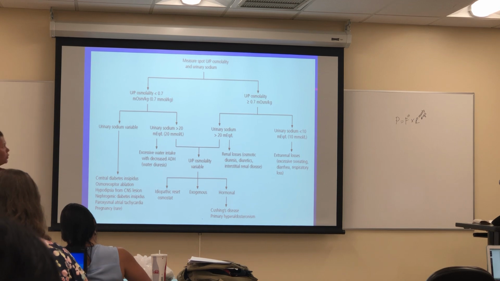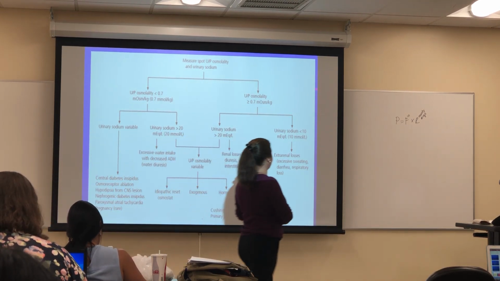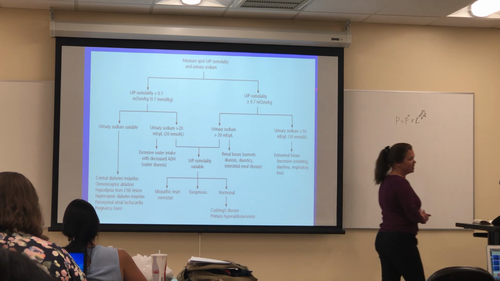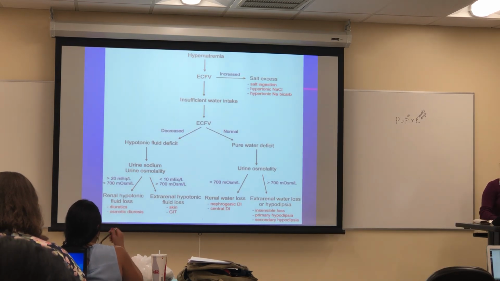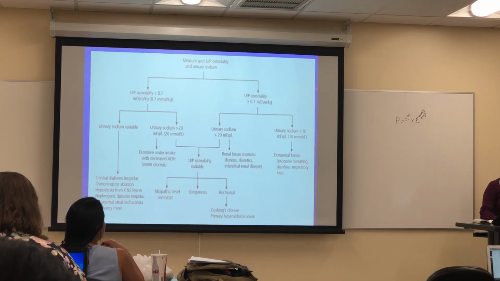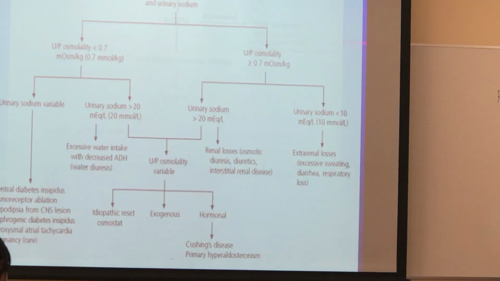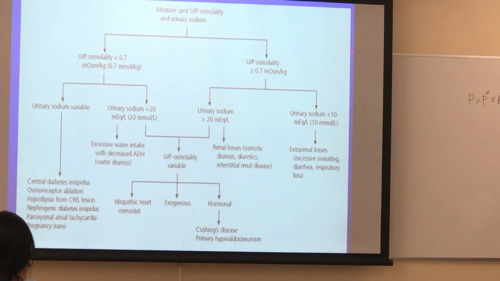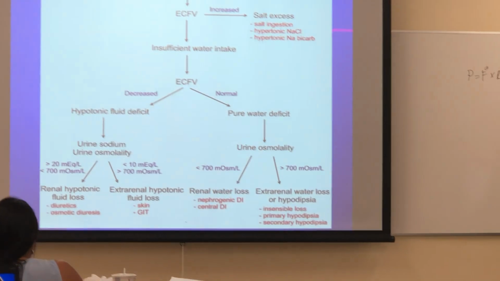Okay? So what you need to be concerned about is, let me open up a different algorithm, which is easier to understand. You have this one in your Merck Manual, and you have this one in your Harrison's. The one that is easier to understand is this algorithm, okay?